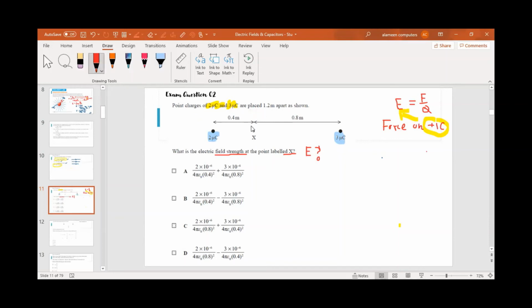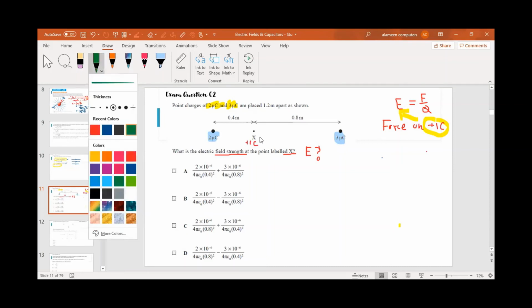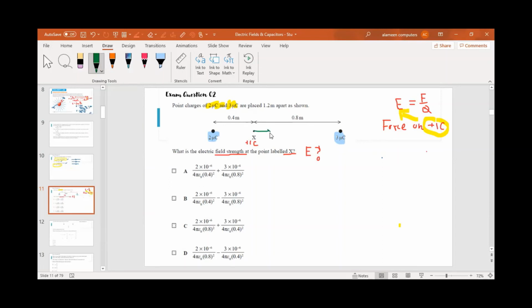Let's write it here. So 2 microcoulomb exerts a force on +1 Coulomb charge. Let's call it F2 from 2 microcoulomb. If they are positive charges, 2 microcoulomb should repel +1 Coulomb.